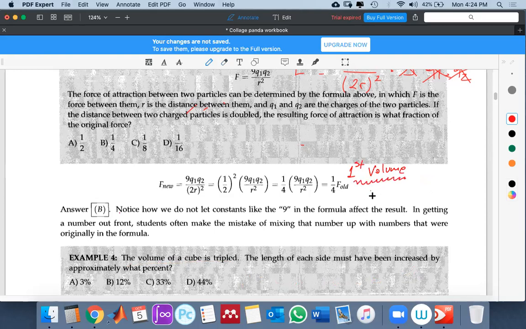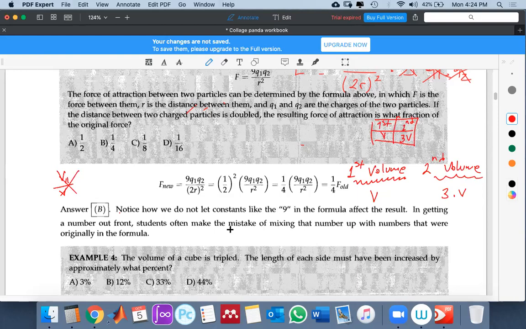The first volume is V amount, and the second volume is 3 times V. This is not a fraction. Or as a table, you can see: this is 1V, this is 3V, this is the first and this is the second volume.